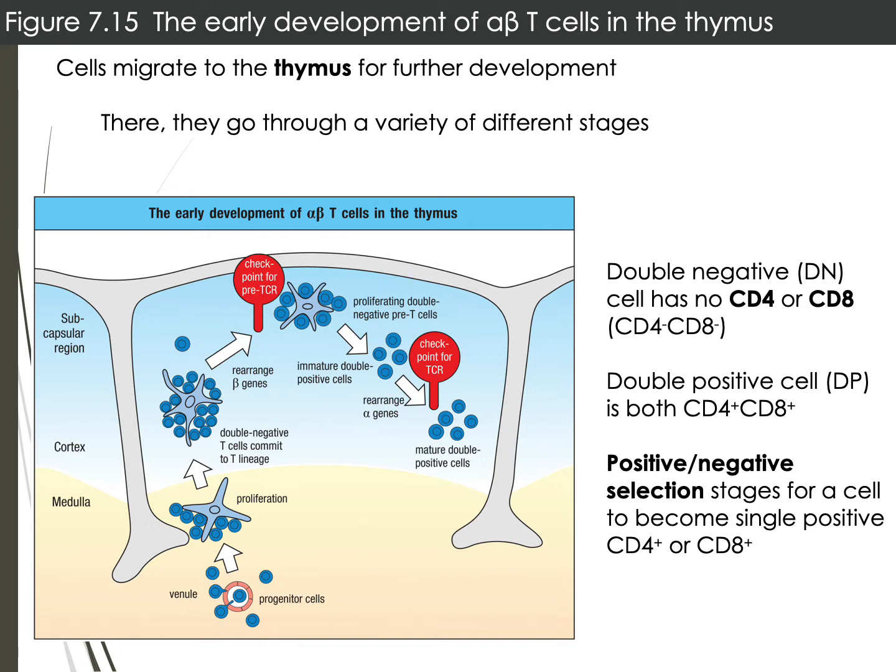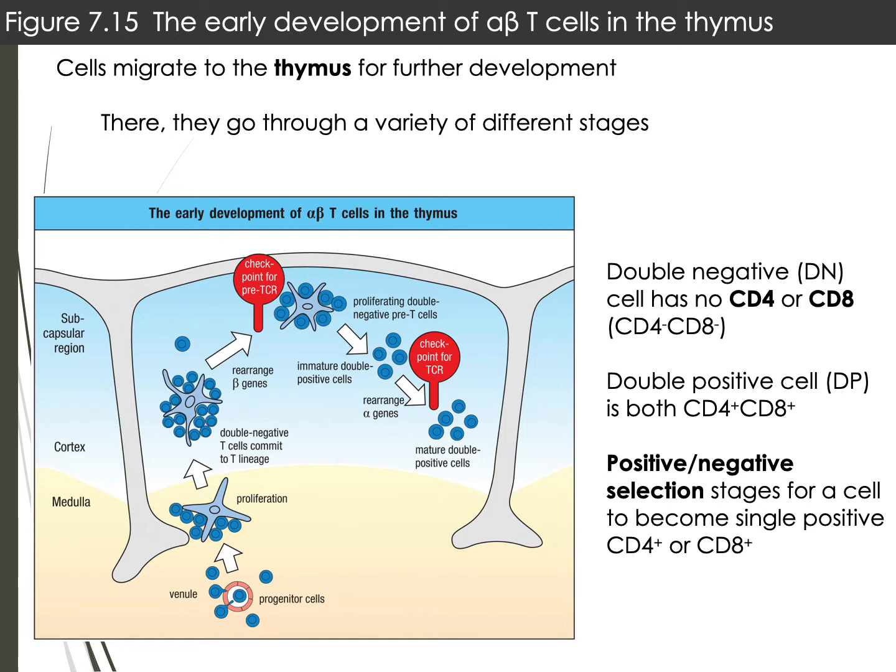They're going to undergo rearrangement events with the beta gene so that they are expressing the pre-T cell receptor, and this becomes a checkpoint. The cells are still at a double negative stage, and this is where I disagree with what's presented in this textbook. Rearrangement events of the alpha chain are going to occur, and then they become double positive immature T cells at that stage.